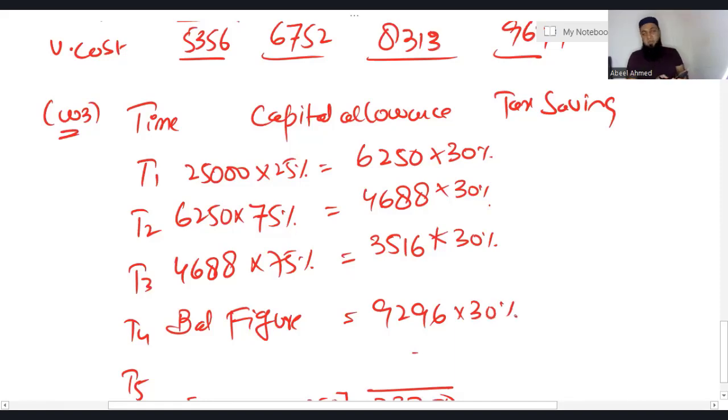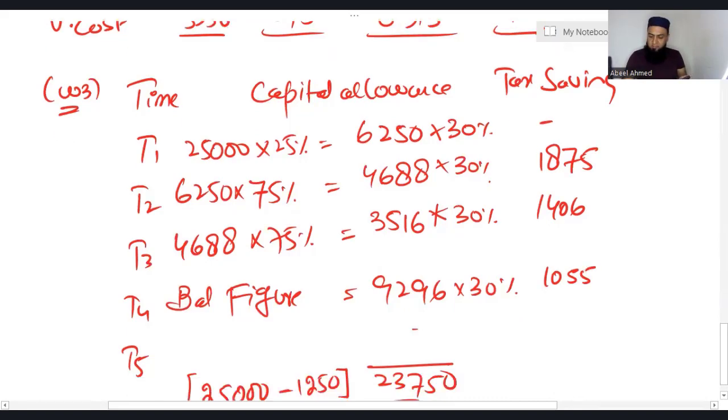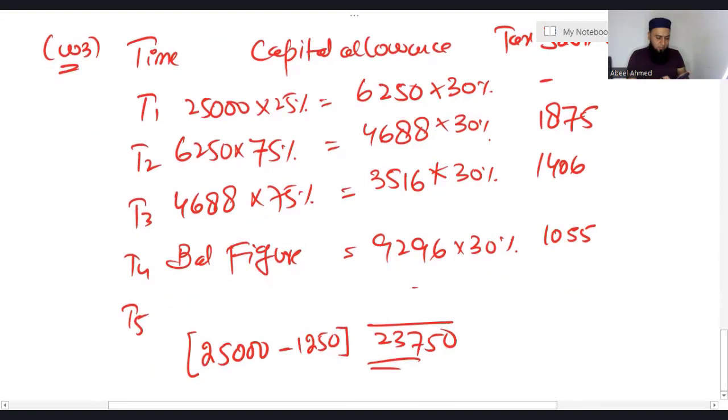But your first tax saving will arise at T2 because tax is paid with a delay of 1 year. 30% of 6,250 is 1,875. 4,688 into 30% is 1,406. 3,516 into 30% is 1,055. 9,296 into 30% is 2,789. Okay, we have done the calculation.